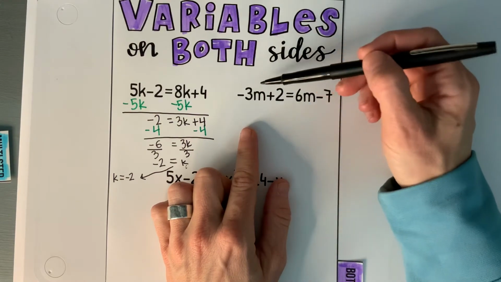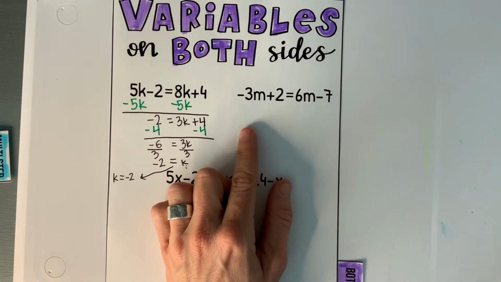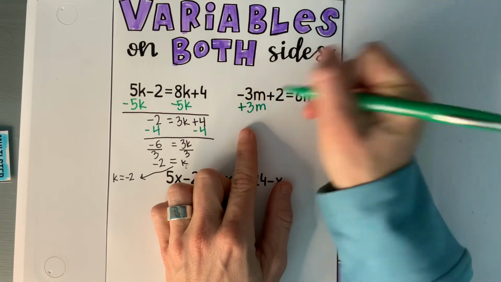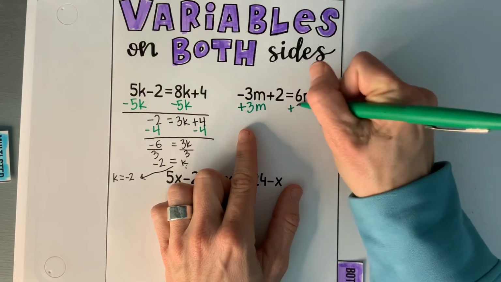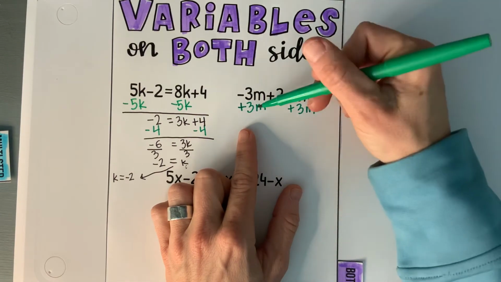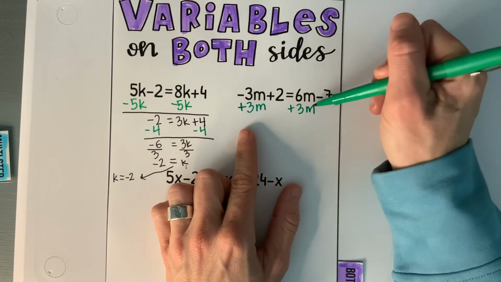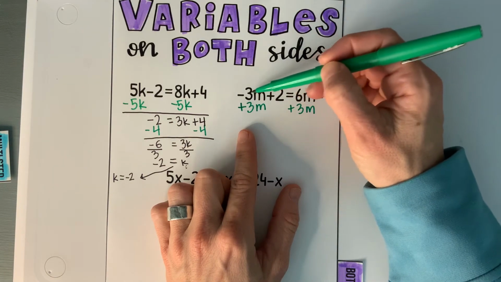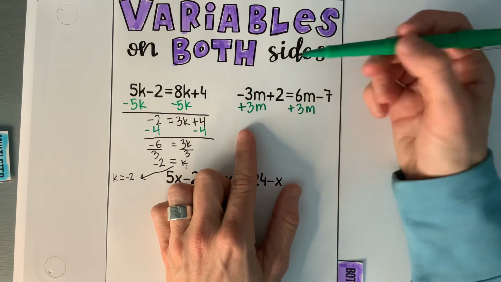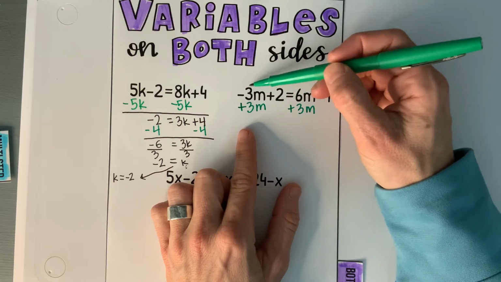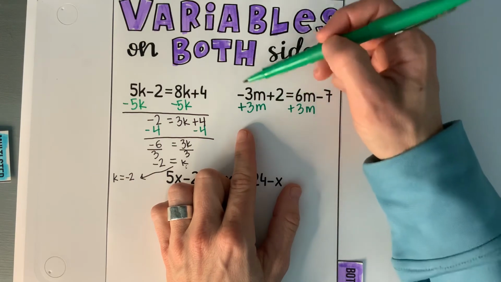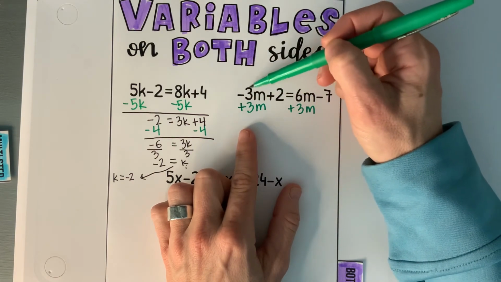If I have -3m, in order to undo it, I want to do plus 3m on both sides, because what I do to one side, I need to do to the other. Now I know what you're thinking: wait a minute, I thought this was multiplied by -3. Why aren't you dividing by -3? Because you don't want to just get rid of the coefficient, you want to get rid of the whole term. So to get rid of the whole term, you need to do the opposite.